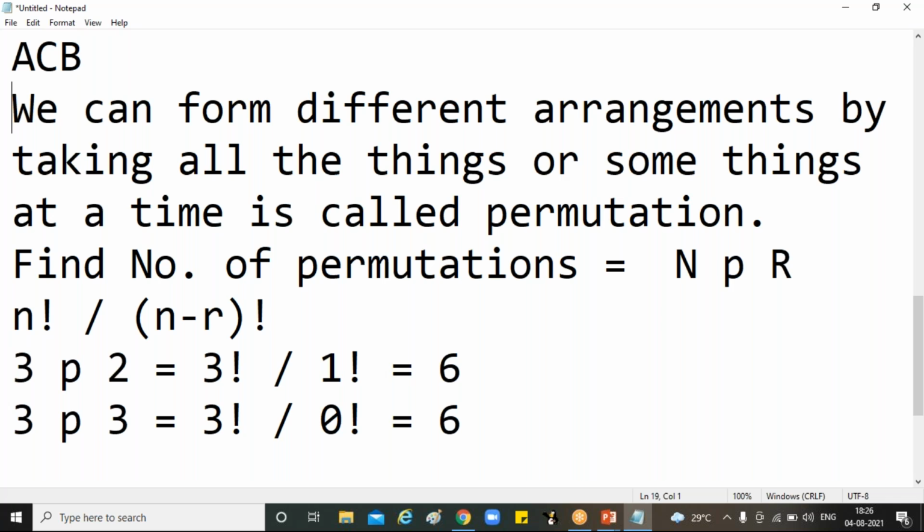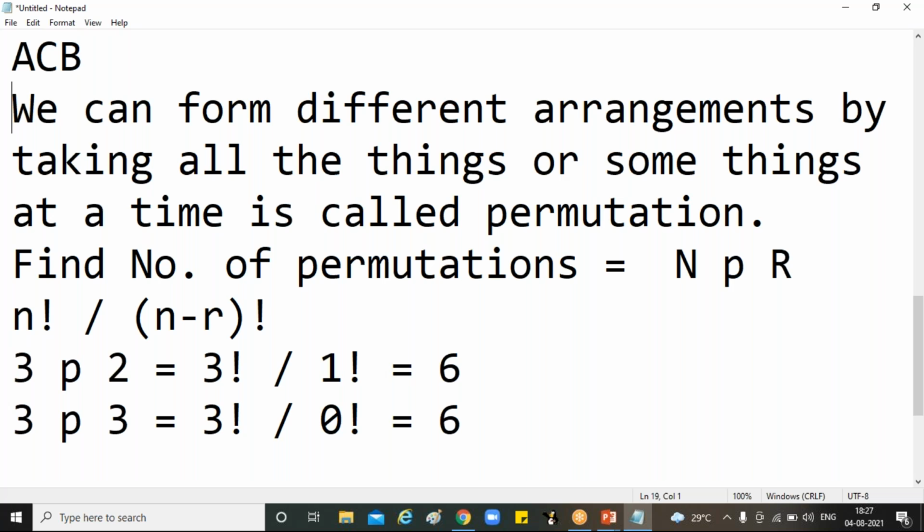This is called permutation. Number of permutations is equal to nPr.